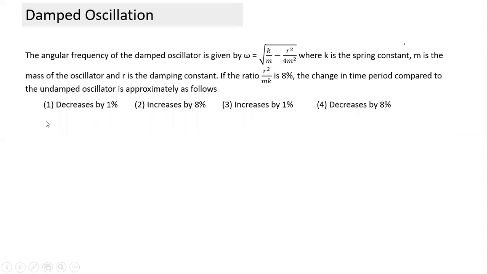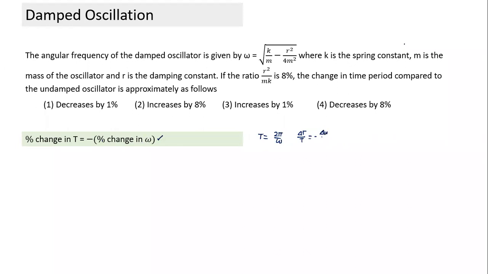First thing we notice here is that since T is equal to 2 pi by omega, in terms of small changes, I can write percentage change in T is equal to minus percentage change in omega. All of you understand this part, no issue. So this quantity I could write as delta T by T is equal to minus delta omega by omega.